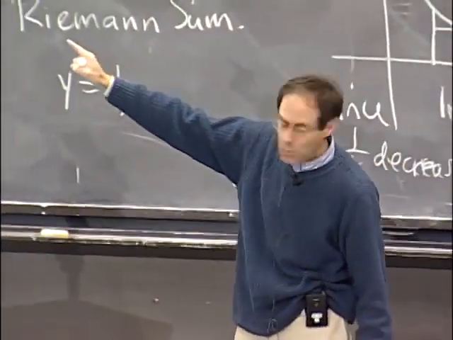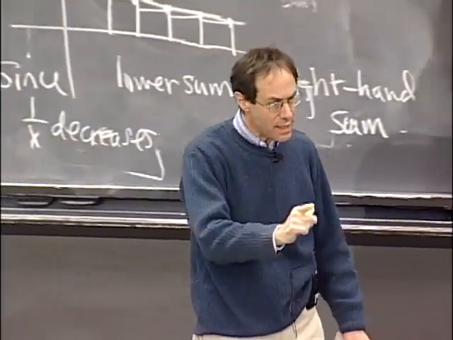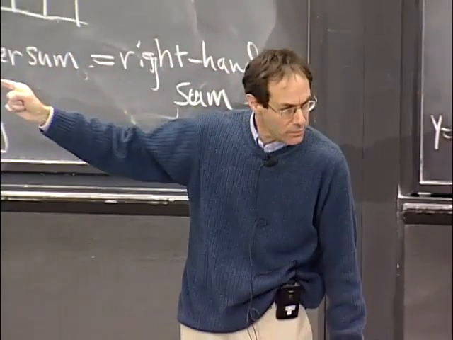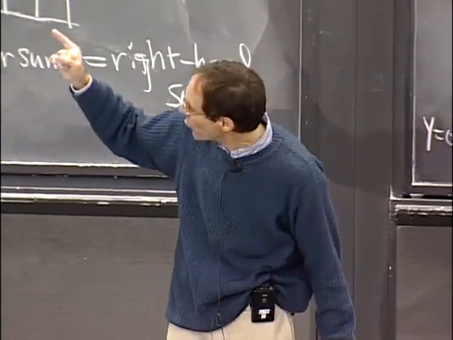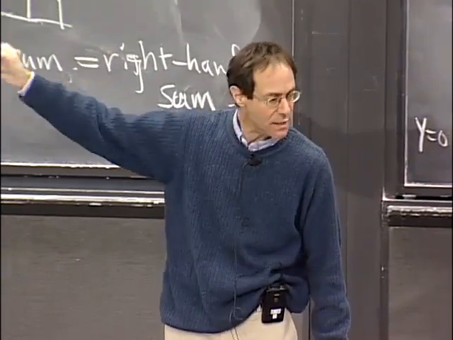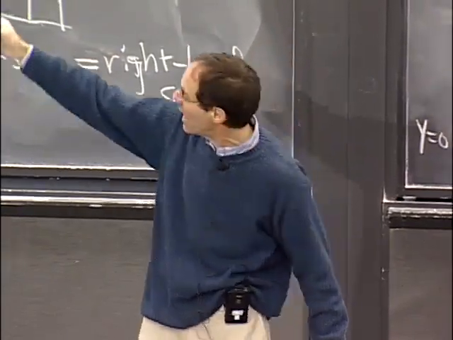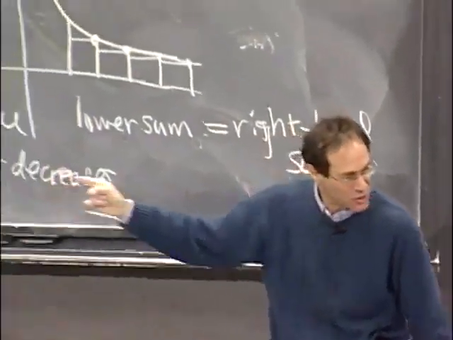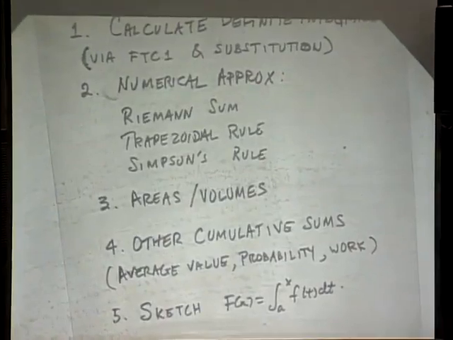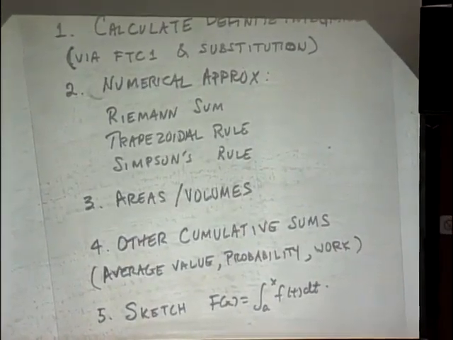As you'll see on the practice exam that you have, I will ask you for all 3. I will ask you for the Riemann sum, the trapezoidal rule, and the Simpson's rule. I'm guaranteeing you they'll all 3 be on the exam. I'm guaranteeing you that every single thing which is on that piece of paper is on the exam. And you'll see it on the exam that you've got. It's exactly parallel to what's there.